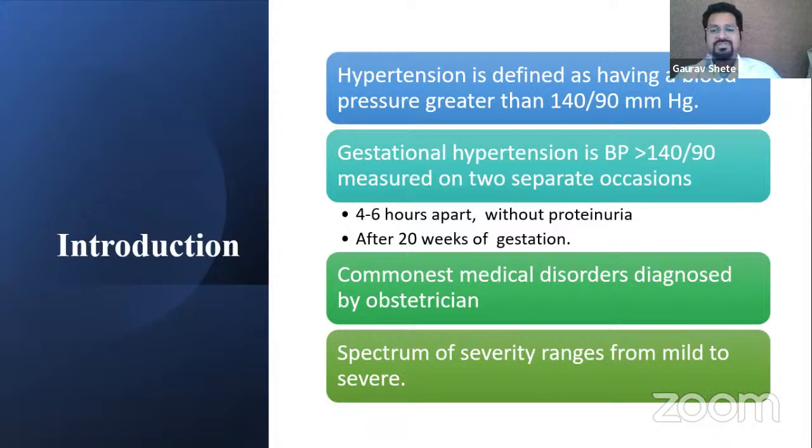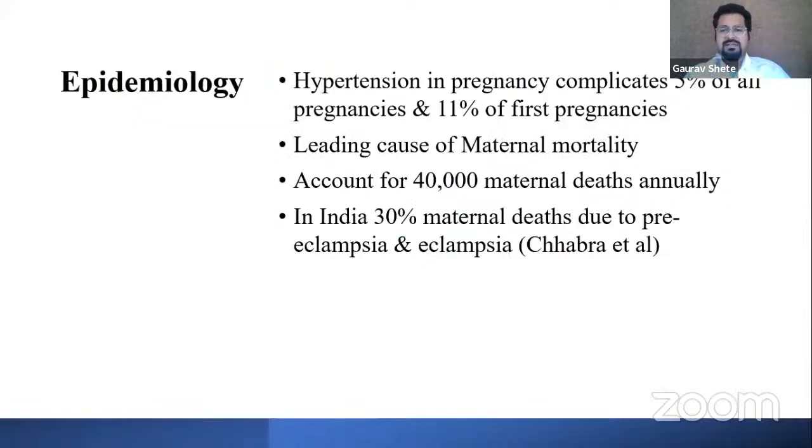Gestational hypertension is defined as BP more than 140/90 without proteinuria after 20 weeks of gestation, 4 to 6 hours apart. It is the commonest medical disorder diagnosed in pregnancy, and the spectrum ranges from mild and moderate to severe. It complicates almost 5% of pregnancies and 11% of first pregnancies.